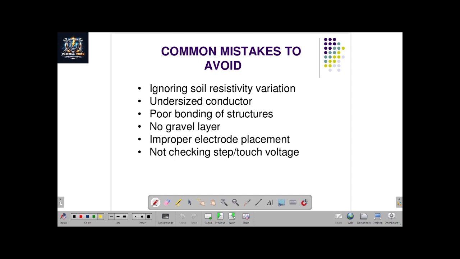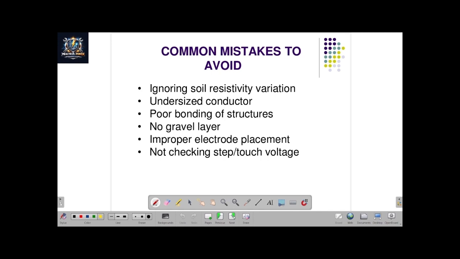What are the common mistakes we encounter? Ignoring soil resistivity variations, we should always take the variations into account during the calculation.